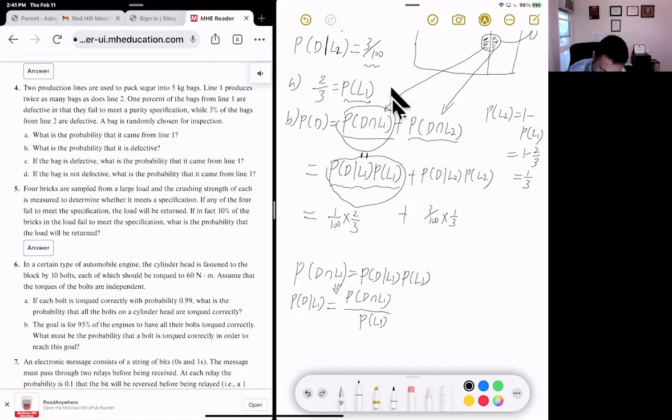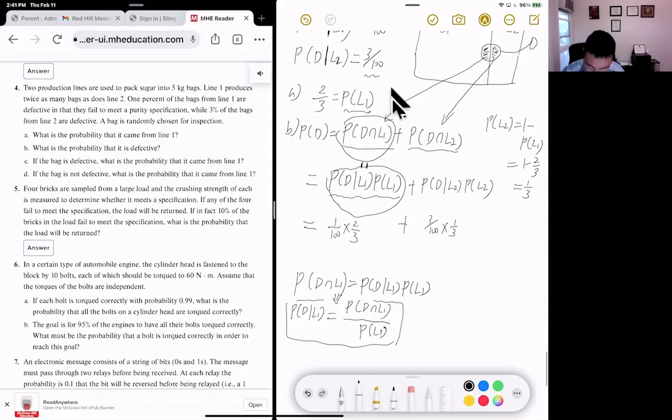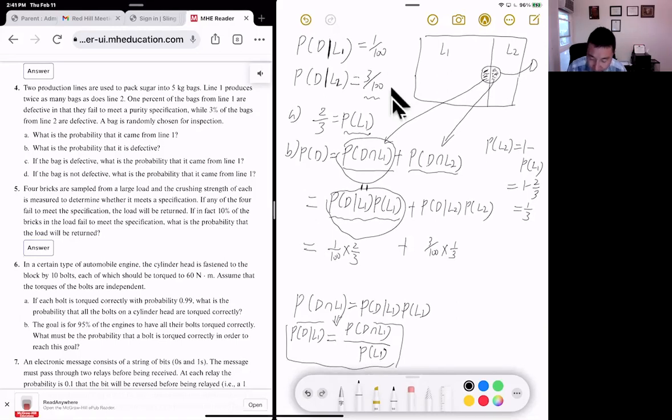So this is the equation for conditional probability. Based on a Venn diagram, you know which part is P(L1), this 2/3, and P(D and L1) is the intersection between L1 and D. So the answer for P(D) is 1/60.